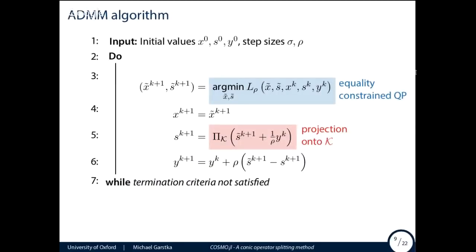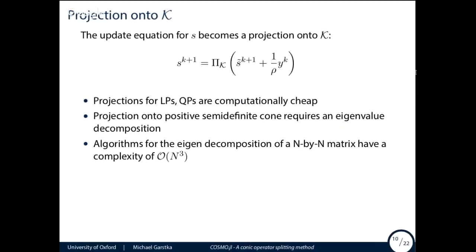You solve a QP. And the other difficult step is the projection. And so projection is essentially you give me a vector and some kind of constraint set, and I tell you a vector in the constraint set that is closest to that vector. And it is quite easy to do if you have an LP or QP, then that operation is really cheap to do.